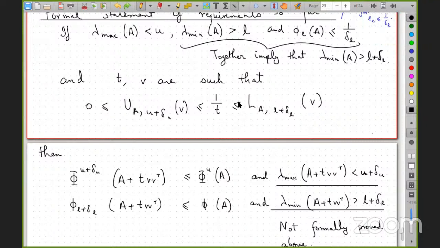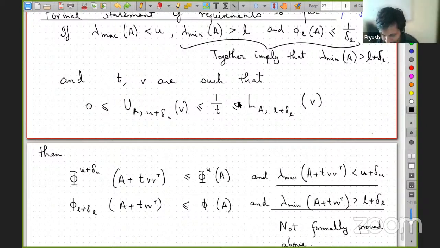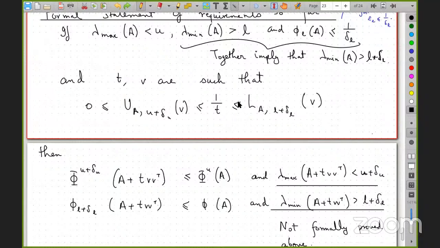So by the way, we want to say that there is some vector V for which there's some T for which U_A is less than 1 over T, which is less than L_A of V. So what is one kind of thing that would immediately imply such a thing? So there are many vectors V, right? There are m of them. Some average thing. Yeah, exactly.